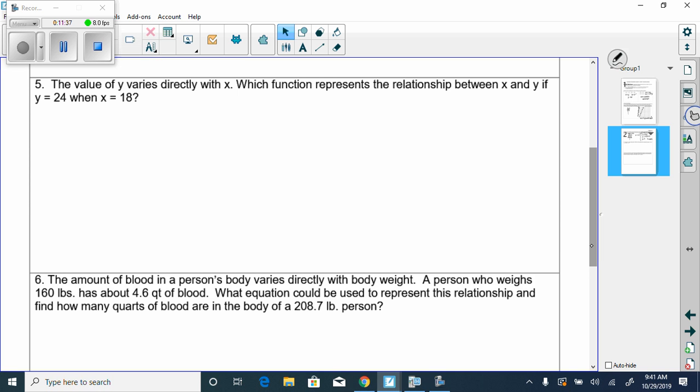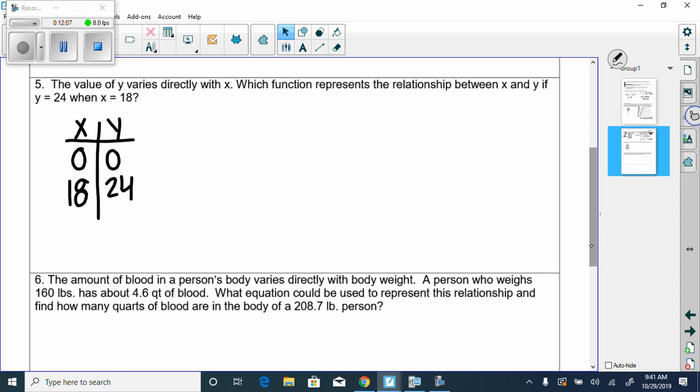Number 5 says the value of y varies directly with x. Which function represents the relationship between x and y when y equals 24 and x equals 18? Well, if it's a direct variation, then we know it goes through the origin. So that would be the point 0, 0. And they also said that when y is 24, x is 18.